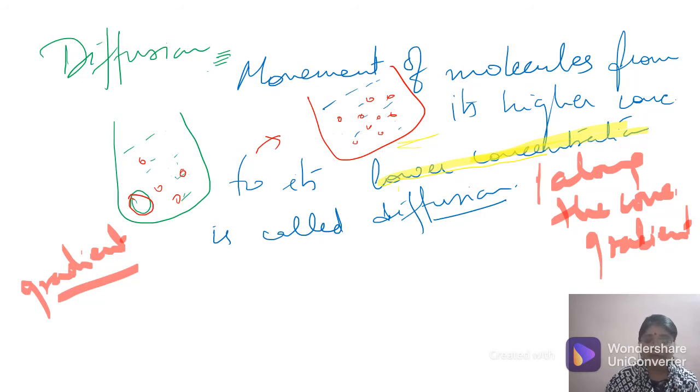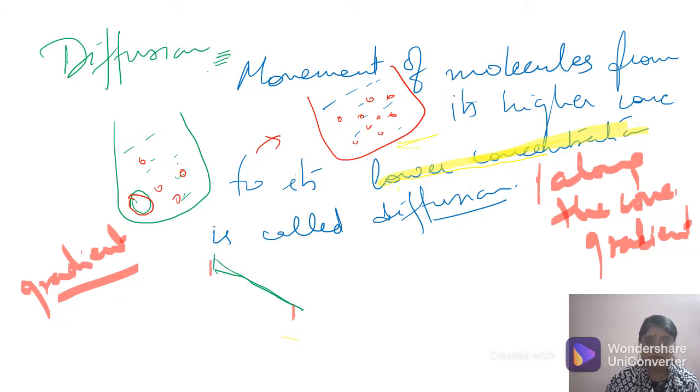Gradient is when there is something at a higher position and something at a lower position, or something is more at some place and less at some place. This is called a gradient.